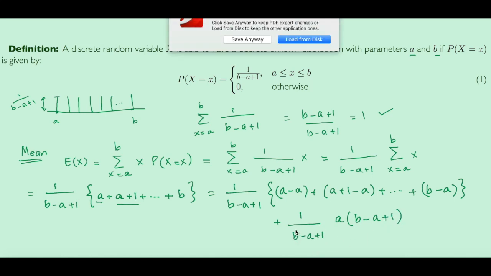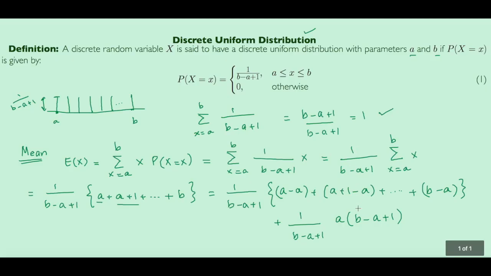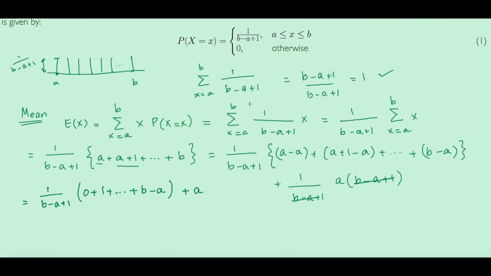Okay, so then all we are doing is adding a. But what is this sum? This is equal to 1 over b minus a plus 1 times the sum 0 plus 1 plus up to b minus a, plus another a.